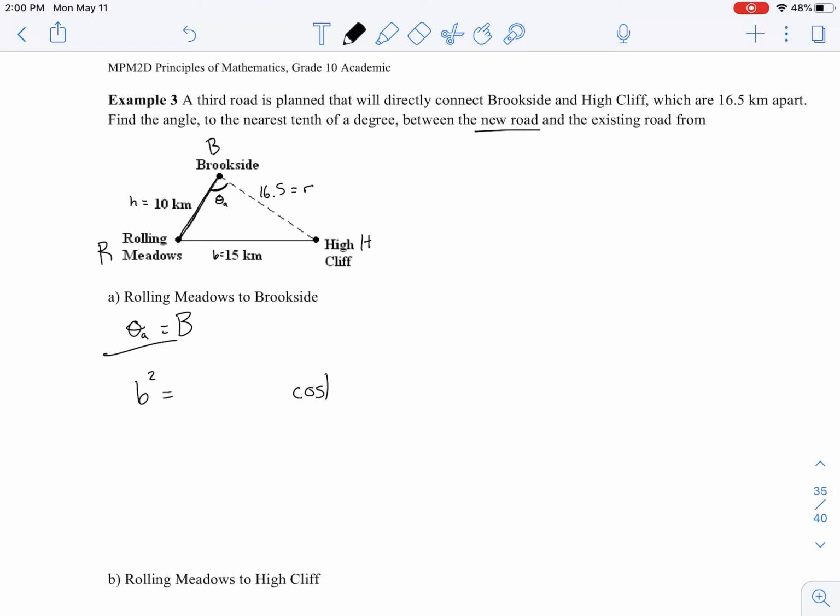So when we set up our equation, it's going to look like this, with our other two letters in the middle. Doesn't really matter which order we put our letters in.